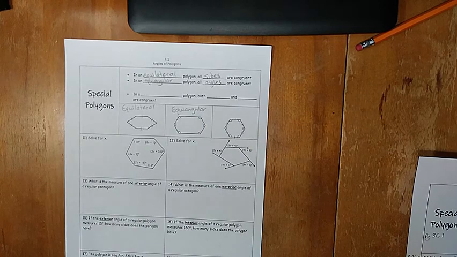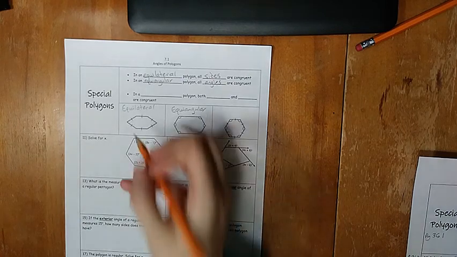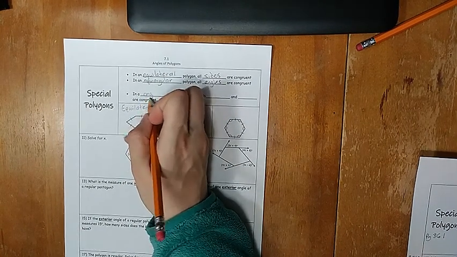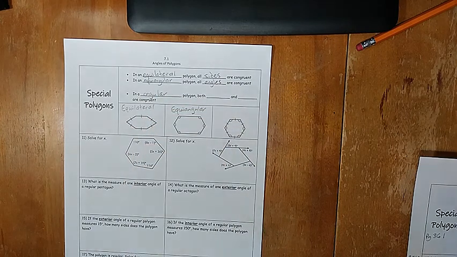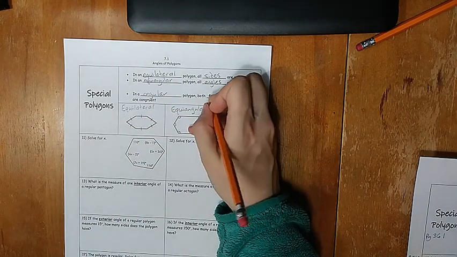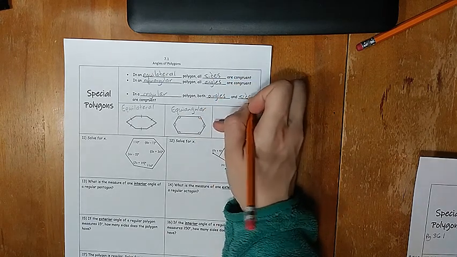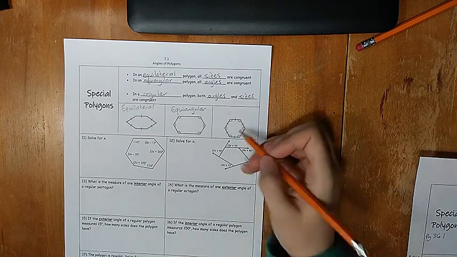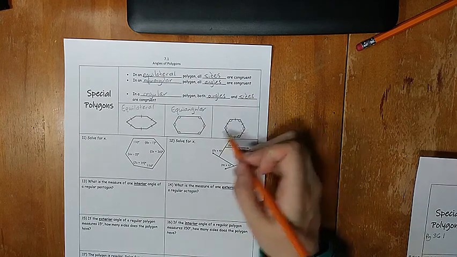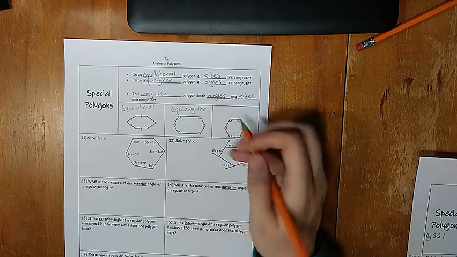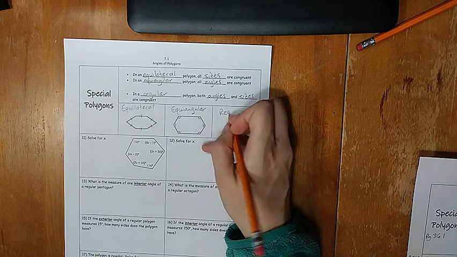Equiangular and equilateral. Our third special polygon is what we call regular. For a regular polygon, both the angles and the sides are congruent. So our rightmost picture is a regular hexagon.